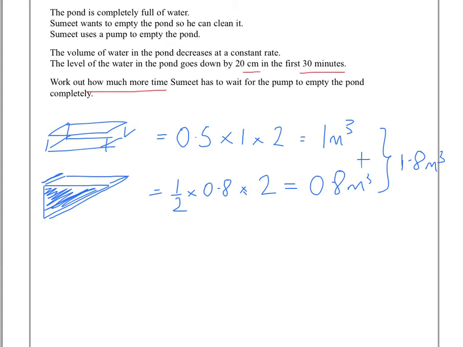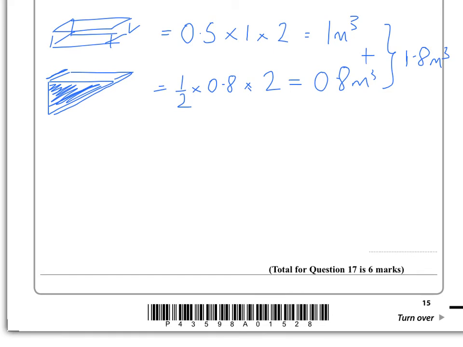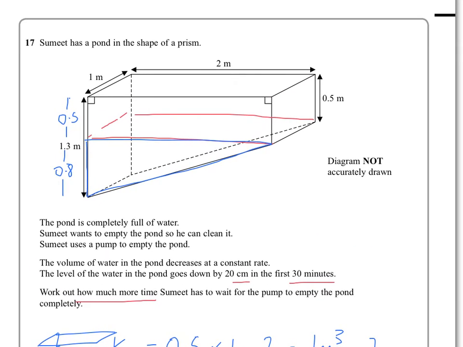Now that's the volume of the water. What we know is that the water goes down 20 centimeters in its first 30 minutes. So essentially somewhere around there, let's say there, that's how much water goes down.